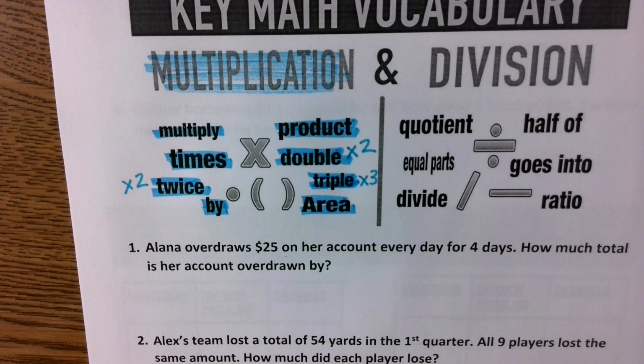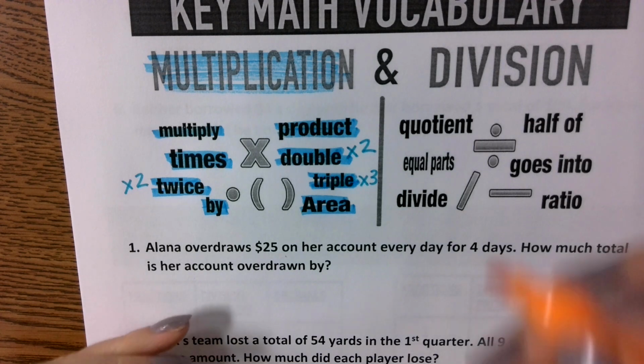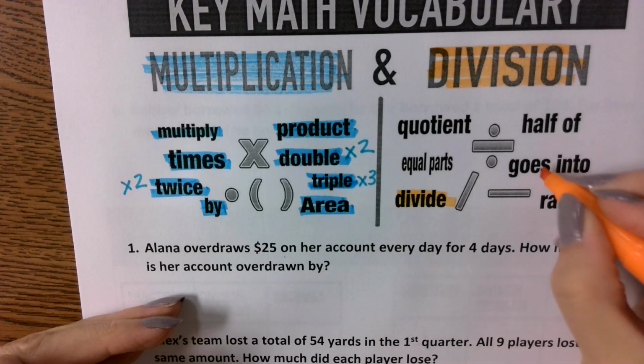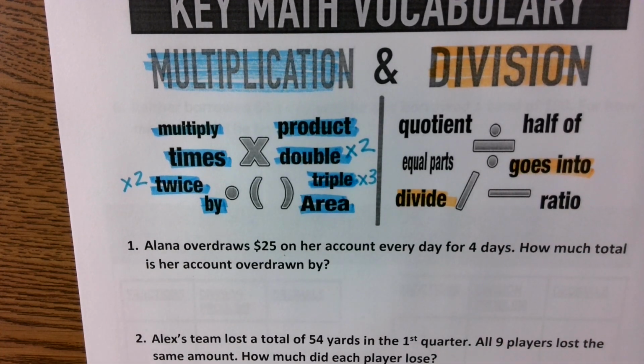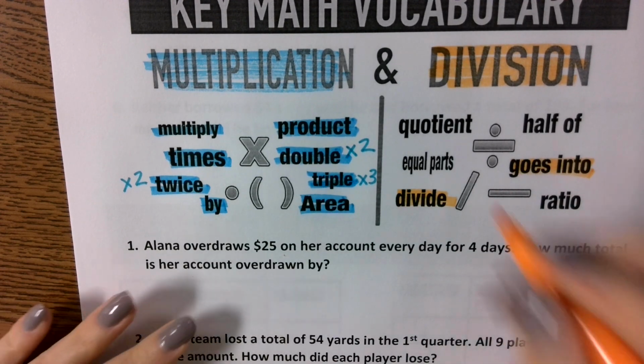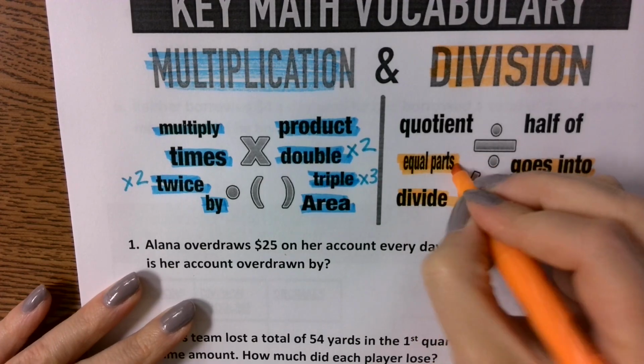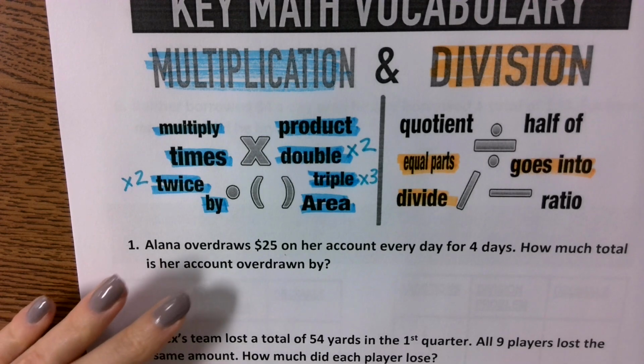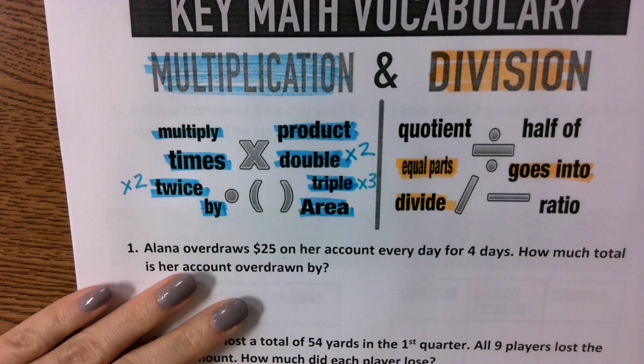Then we've got our division problems. For division words, you have some very simple ones like divide. How much does it go into? Those are some basic terms. When we say we're breaking something up into equal parts, we want to know how much does each person have. Those are going to be equal parts or division.